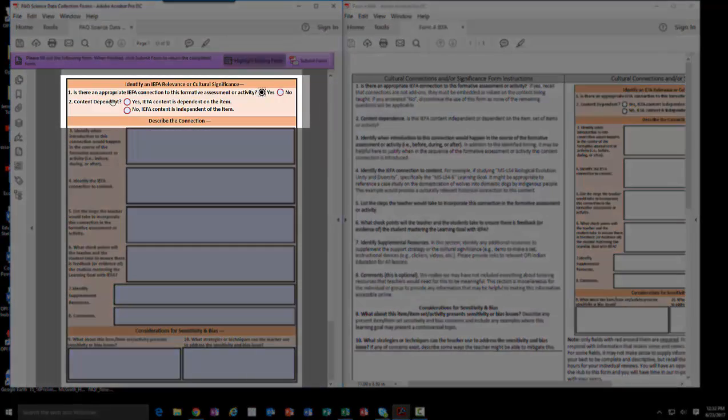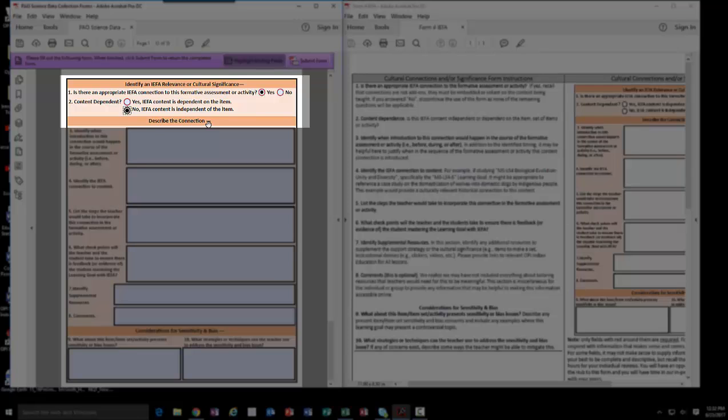So content dependent is what is being introduced with this item. Is there IFA content that's dependent? So for some of these materials, like if we were looking at migration or the domestication of wolves or anything in material, then we might say that the information being presented is dependent on the item, but maybe it's independent of the item, so we would answer no. But there's an opportunity to really connect what happened with the assessment item or task with an activity that would go hand in hand together.